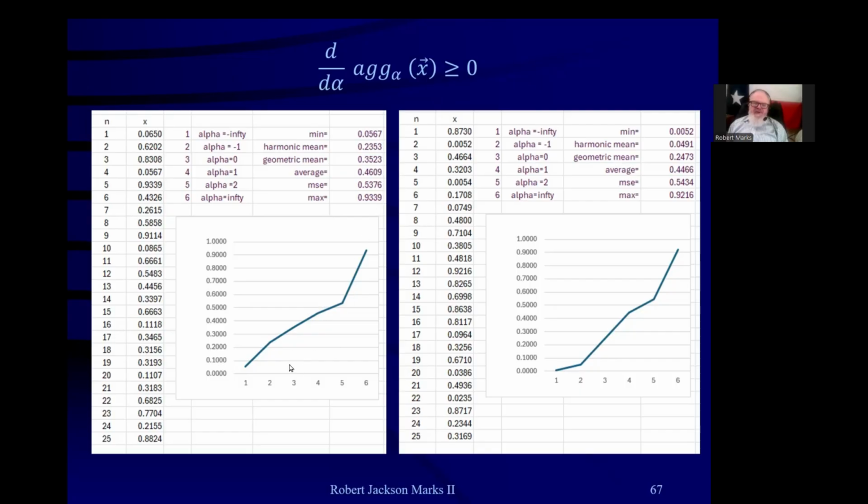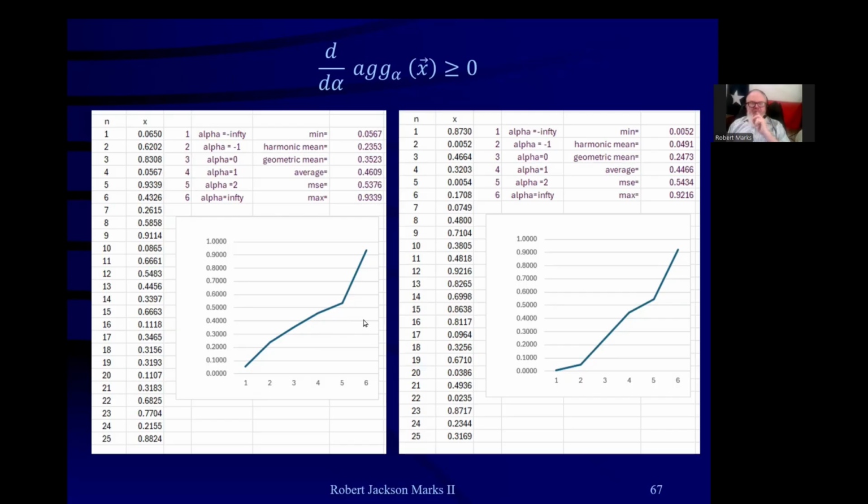And if you plot those, you see indeed this is an increasing function as a function of alpha. So these are the 6 different points. So don't pay attention to the x-axis. It's minus infinity, -1, 0, 1, 2, infinity. But you can see that it is a strictly increasing function.